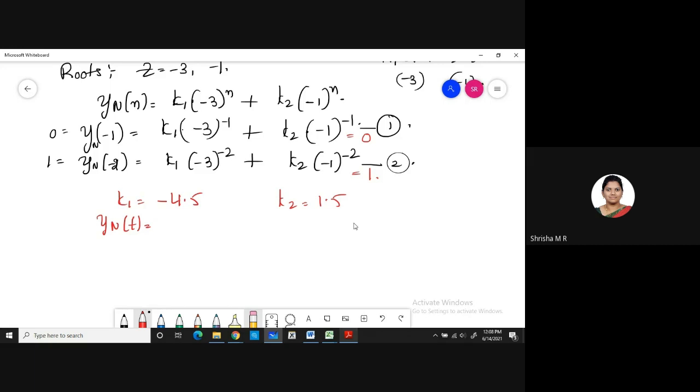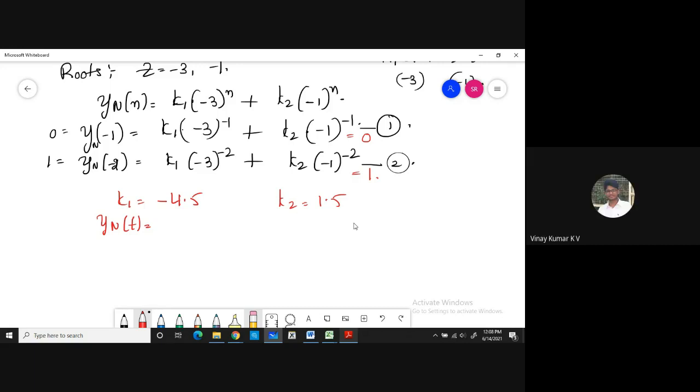Are you guys solving? Yes, ma'am. Again, I got plus 4.5 and minus 1.5. Check once, but it is given minus 4.5 in the textbook.